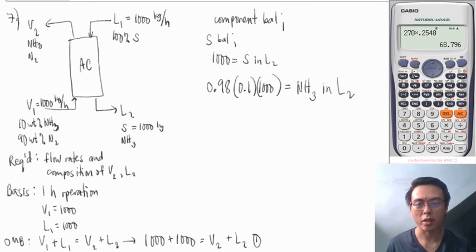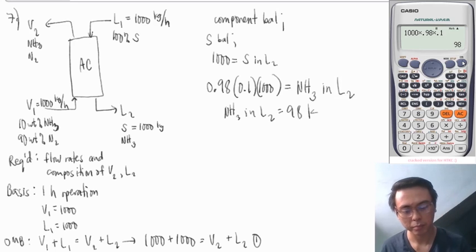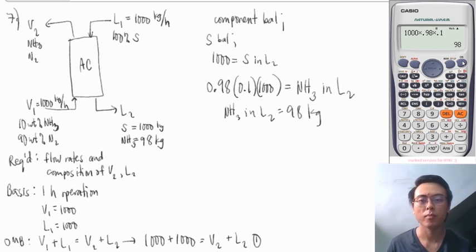If we calculate that, 1000 times 0.98 times 0.1, that is 98. The ammonia in L2 is 98 kilograms. We can write it here, 98 kilograms. So we are done with L2.